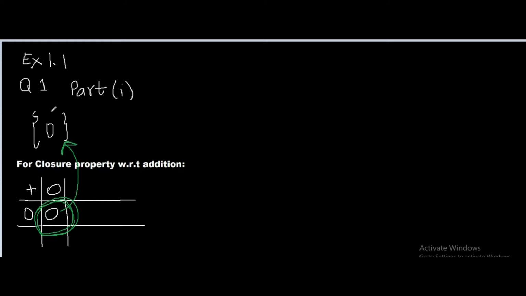Yes, it is found in this set. Therefore you can say that this given entry belongs to the given set. So you will write 0 belongs to, using the epsilon type sign, the given set, which is {0}.